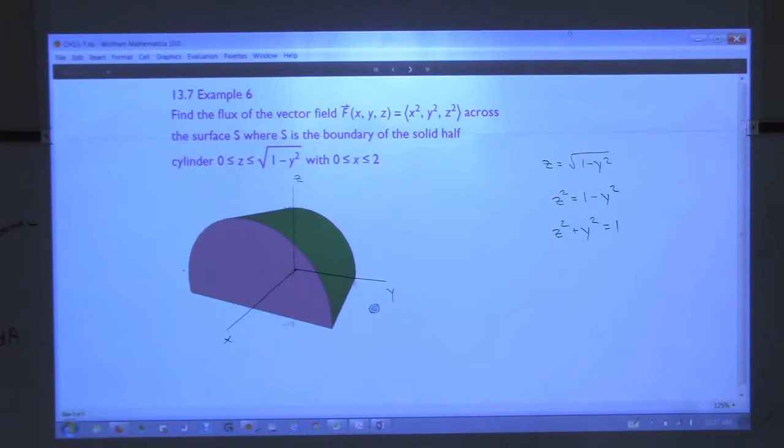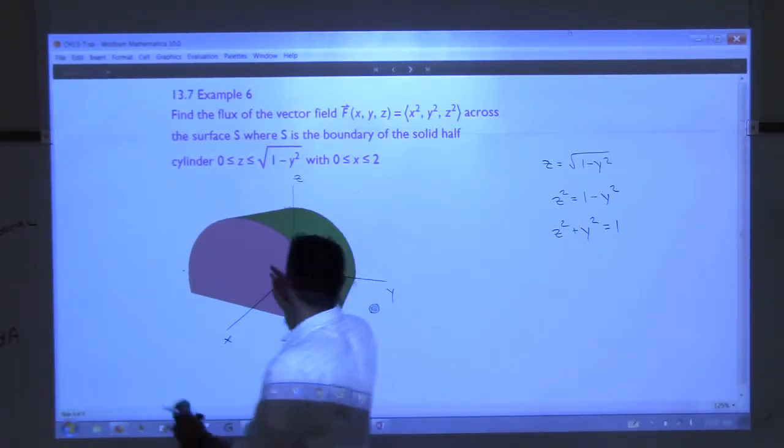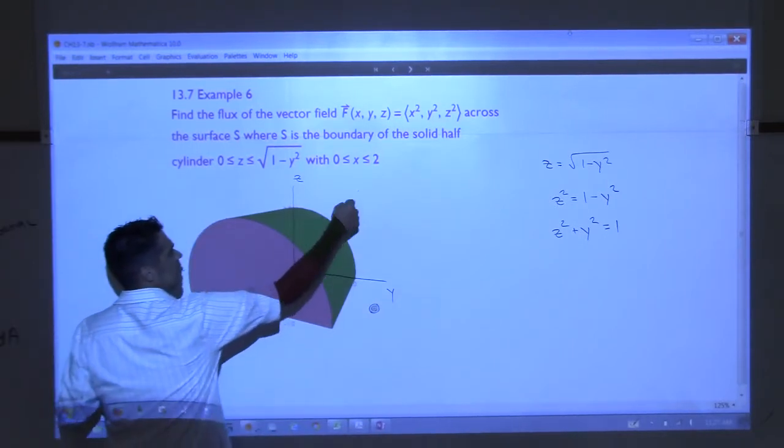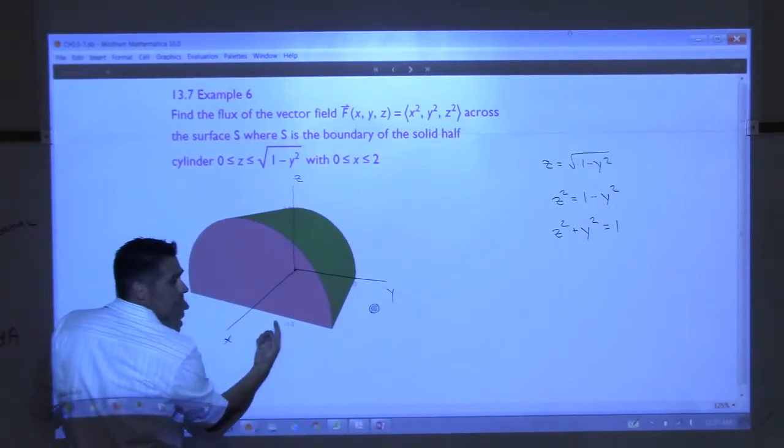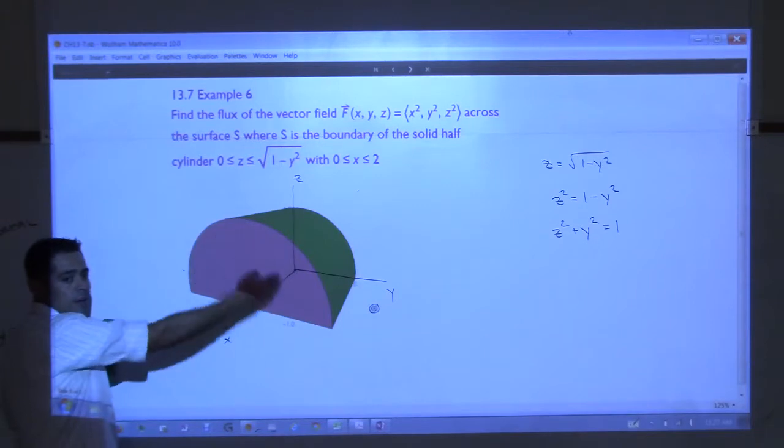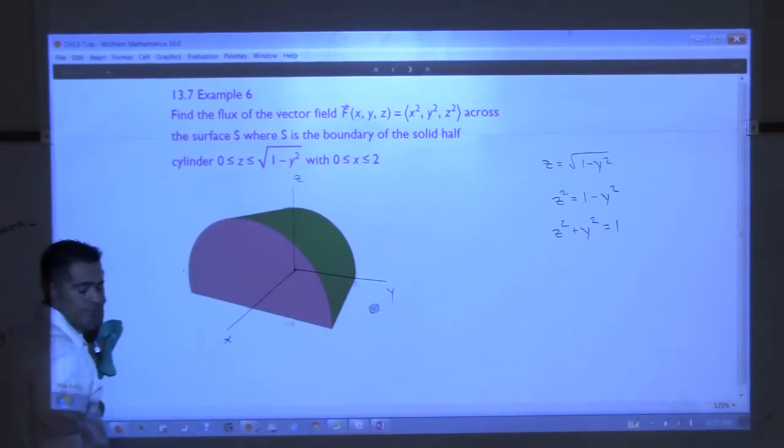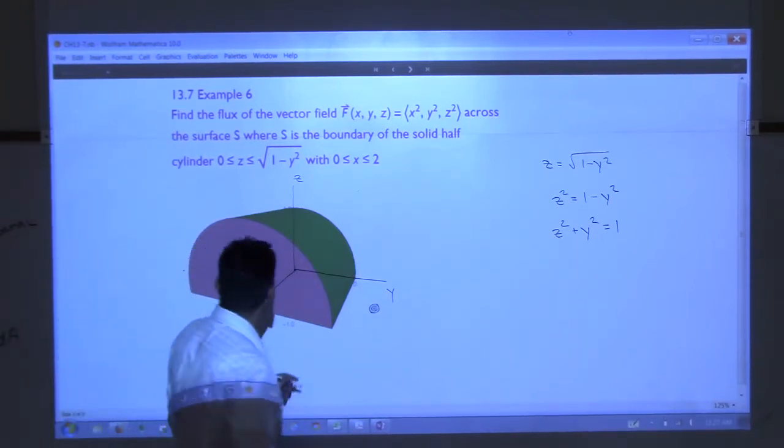Y'all good with that? Sure? So we have how many surfaces here? 3? We have 4. We have this front side, the back side, the bottom side, and then this green dome-ish thing, right? All right, so let's start attacking these.